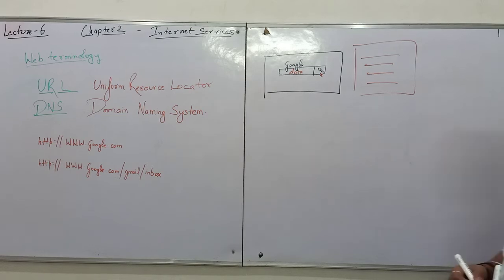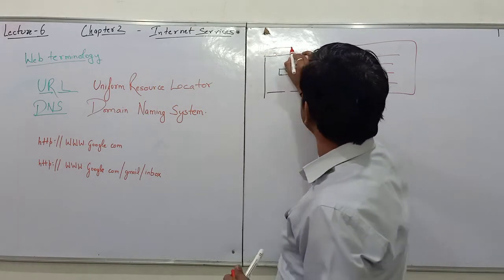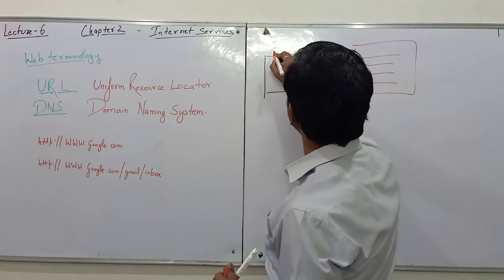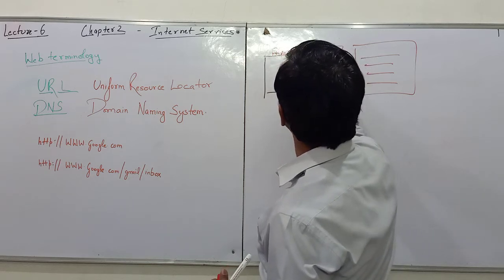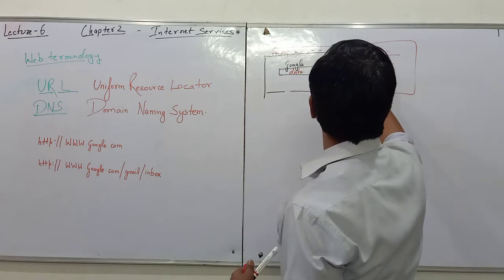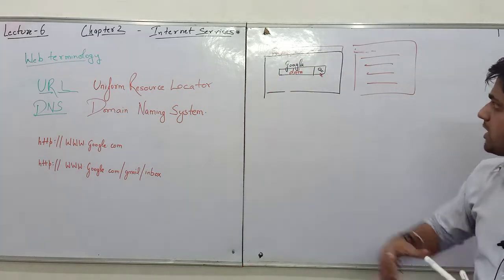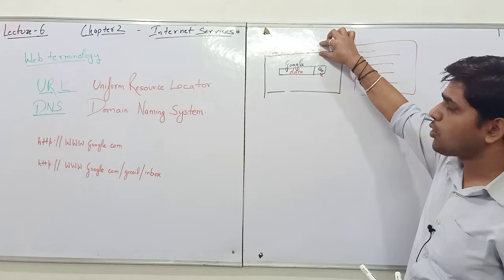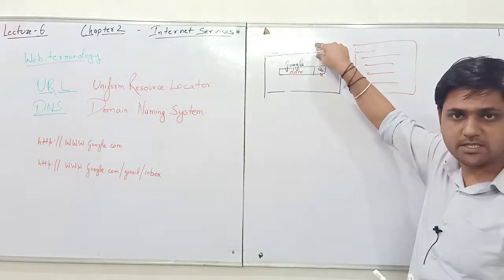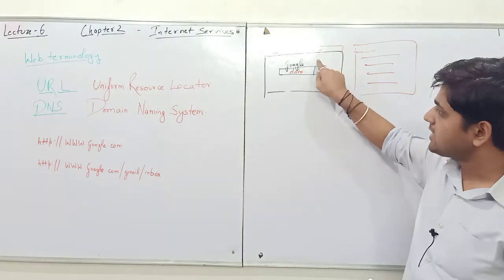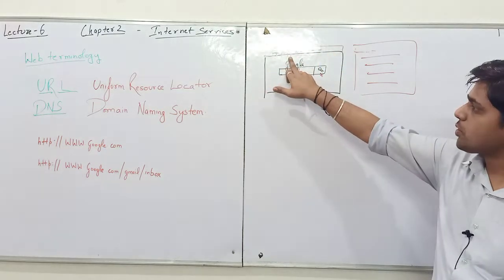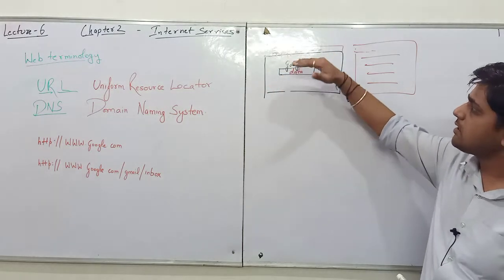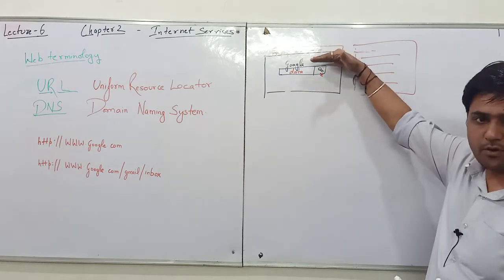Have you ever seen at the top we used to get a link option in which certain links used to run? These particular links, present at the top of the search box where we write the search things, are known as URL, Uniform Resource Locator, or you can say a unique address of a particular page.